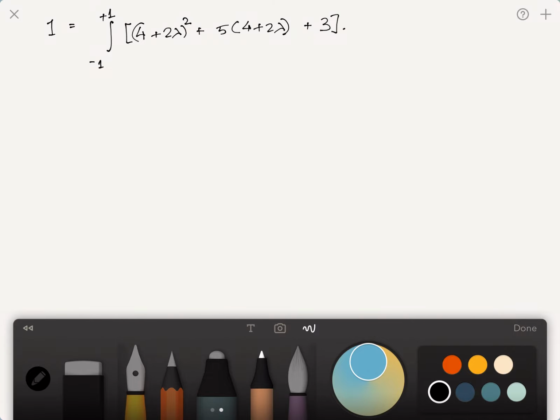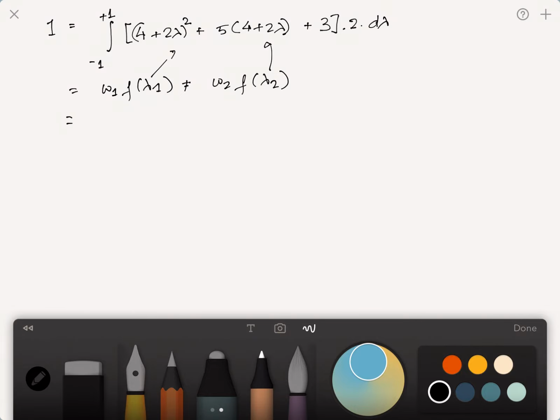This needs to be multiplied now with dx, which is 2 times d lambda. This is what we need to solve in terms of w1 f of lambda 1 plus w2 f of lambda 2. So we basically substitute lambda 1 and lambda 2 into these two equations. That's quite simple, and w1, w2 are 1 and 1.